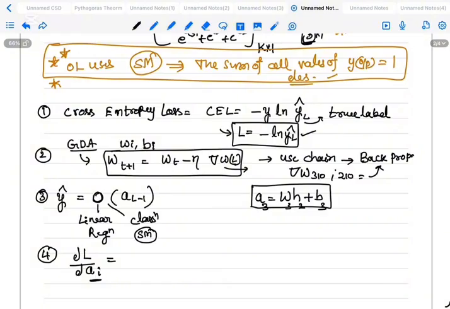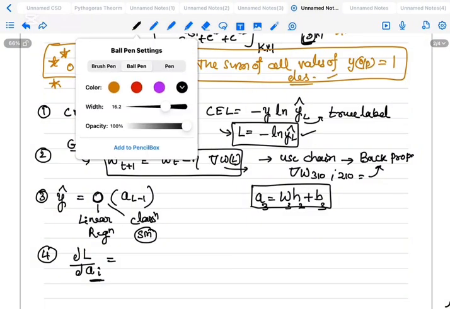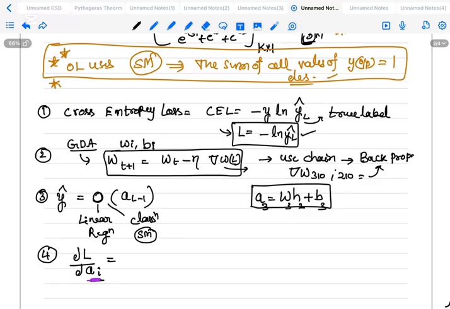Very important: remember what they are asking in the question, differentiation with respect to A. That is represented as delta L of A_i.